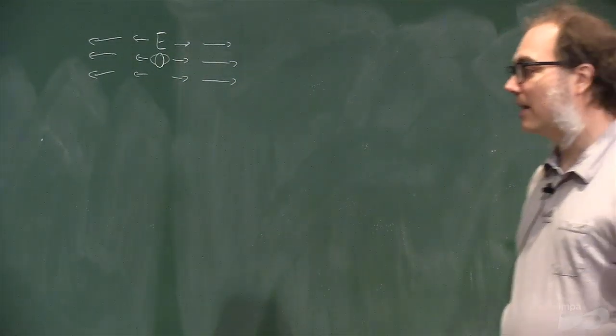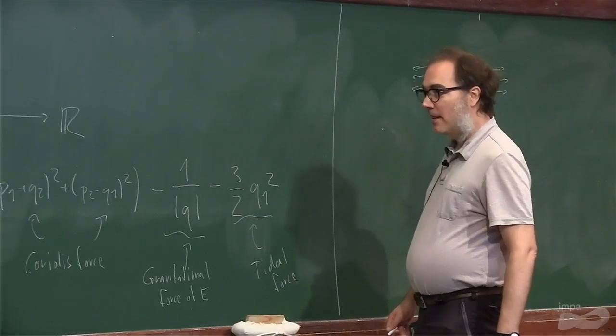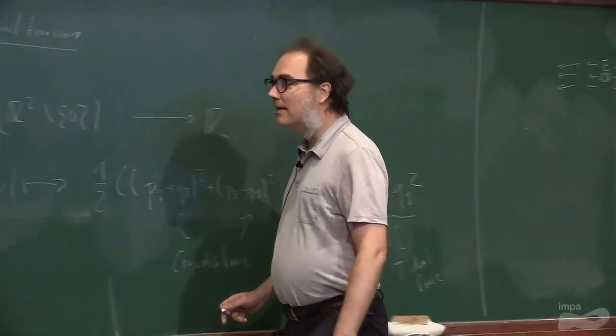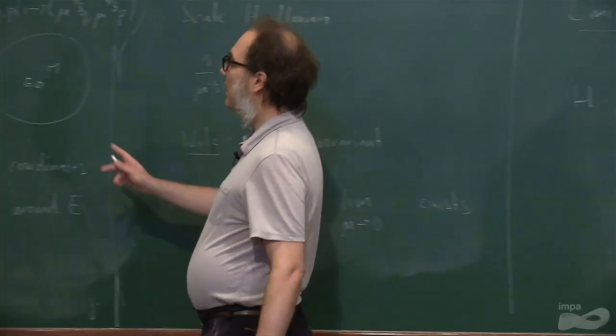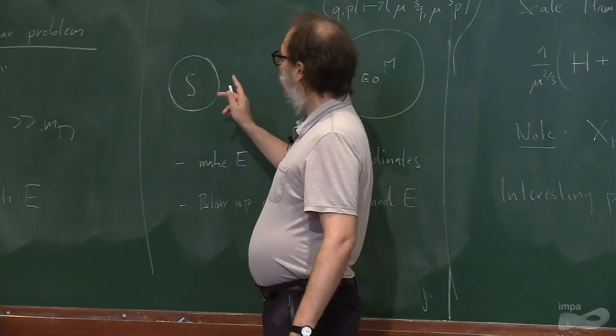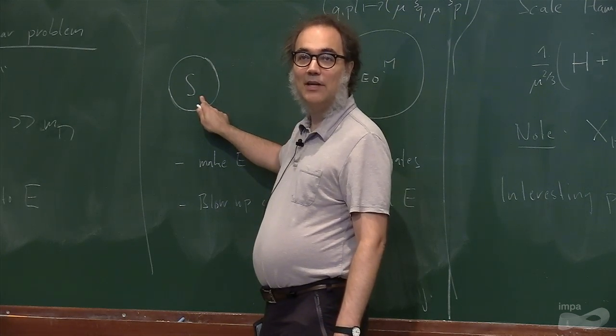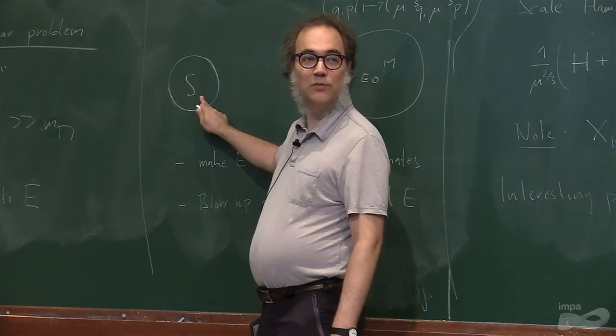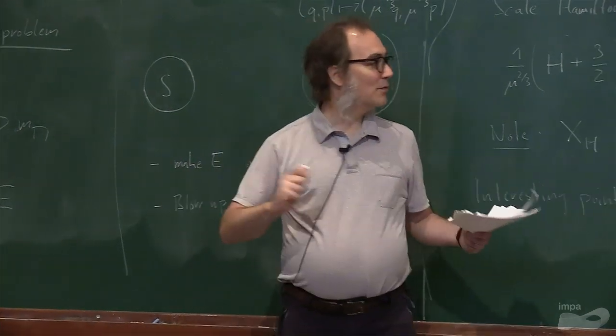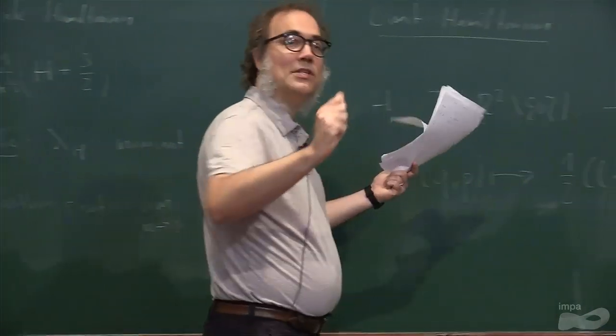And how does the tidal force appear physically? The tidal force is a combination of the gravitational force of the sun, which is now infinitely heavy, and the centrifugal force. So these two forces, they almost kill each other.